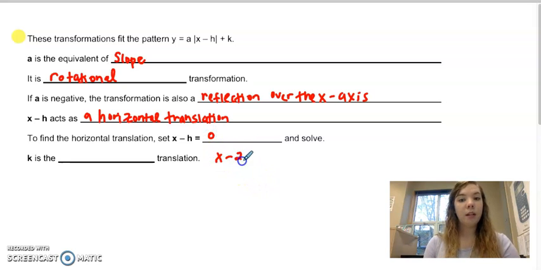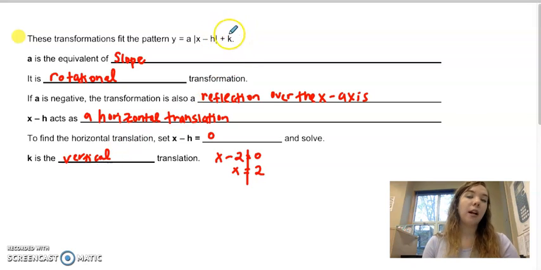So like if you have x minus 2, for example, that means that x is going to be a positive 2. Or you can think of it as just the opposite sign. K is the vertical translation, and it's just whatever sign it is, okay? So inside your horizontal translation, it's the opposite sign. For the vertical translation on the outside, it's just the same sign it already is.